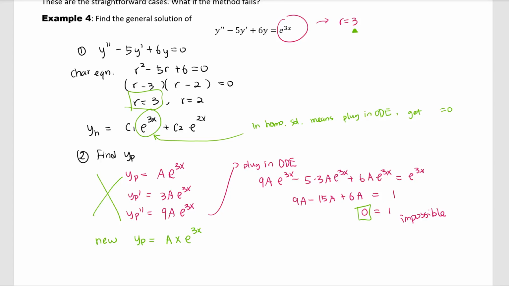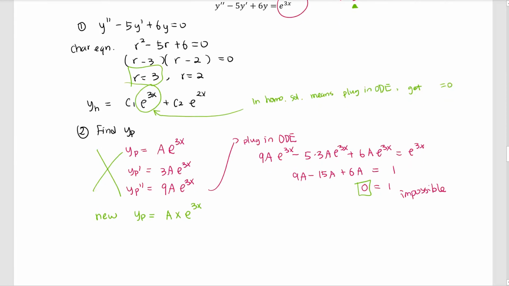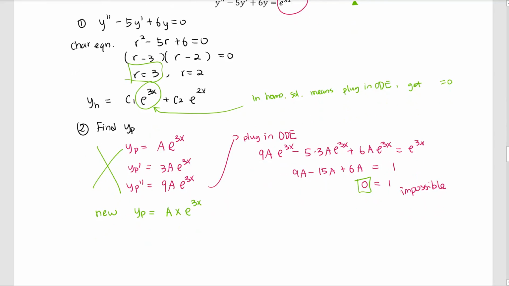When you see that the root corresponding to the right-hand side already appeared in the homogeneous differential equation, you need to multiply your whole setup by an appropriate power of x. So that's why here we multiply by x.